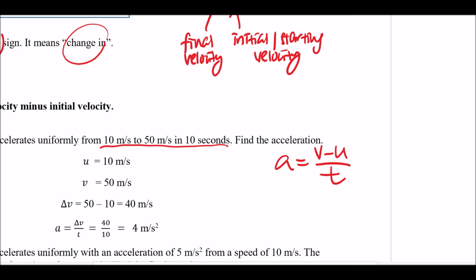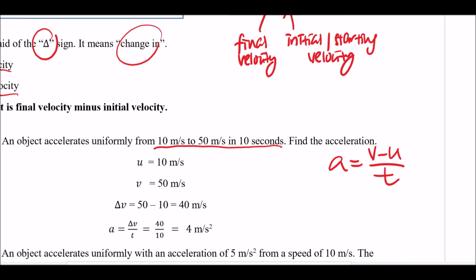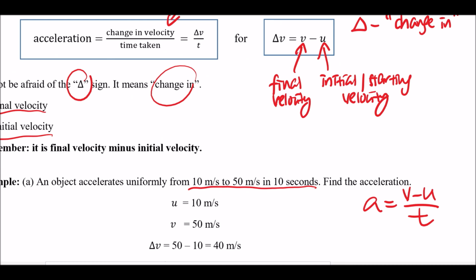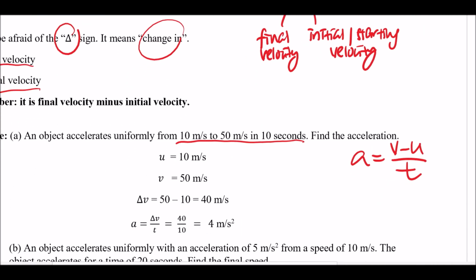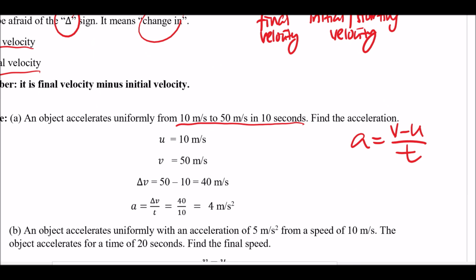So it's a matter of what is V, what is U. Okay, so if you recall, V is the final speed or final velocity. Okay, so in this question, which one is V? If the object accelerates from 10 to 50, then 50 is the final, 10 is the initial. Okay, so all you have to do is put into the formula.